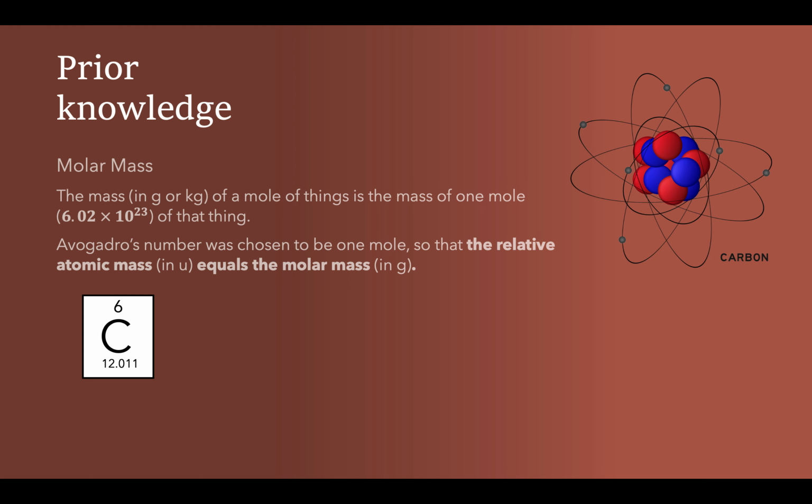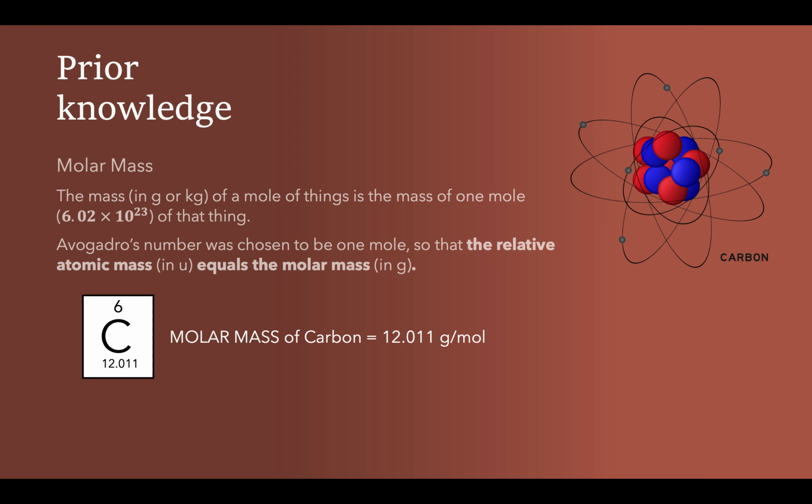But for atoms and molecules and things on this scale, the reason why Avogadro's number is a mole is so that the relative atomic mass in the periodic table, or if you add them together, the masses in a molecule or an ion or a few atoms stuck together, that atomic mass or relative mass equals the molar mass in grams. So if you know the mass in atomic mass units, u, then the mass of Avogadro's number of that thing, a mole, is the same number but in units of grams.